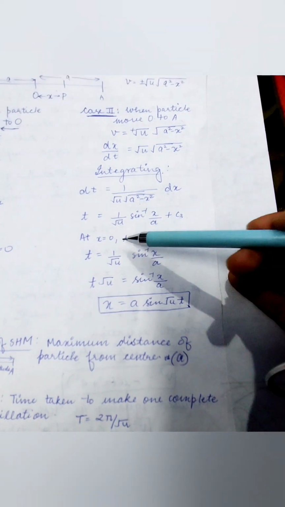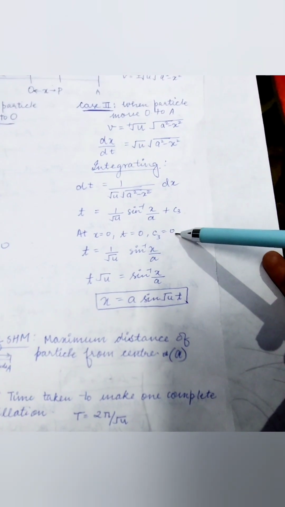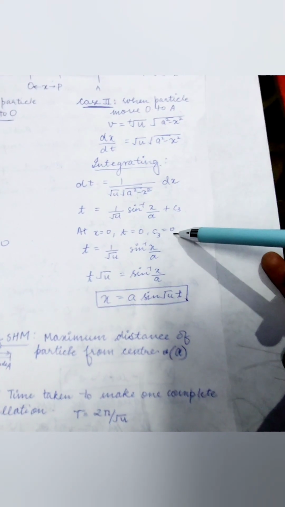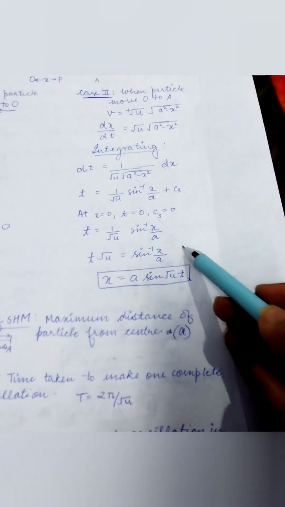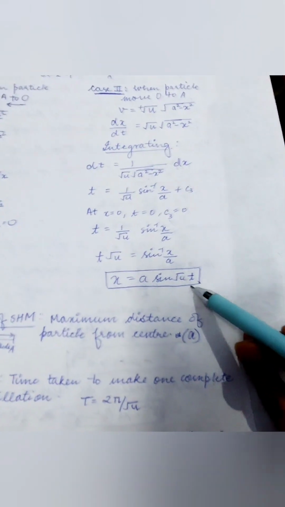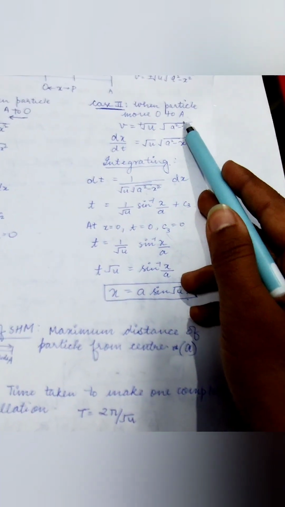On putting x is equal to 0 and t is equal to 0, we get c3 is equal to 0. By simplifying all this, similarly we get the equation x is equal to A sin root mu t, which is again for the case when the particle moves from O to A.